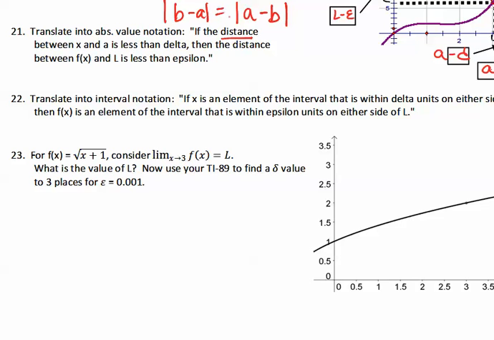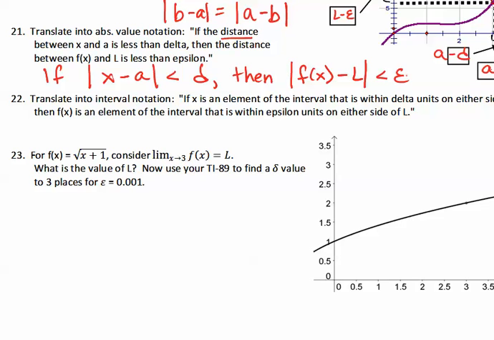You could subtract in either order. So whenever you see distance between 2 points, remember you need to put it in absolute value. So we want to say if the distance between x and a is less than delta, then the distance between f of x and the limit L will be less than epsilon.